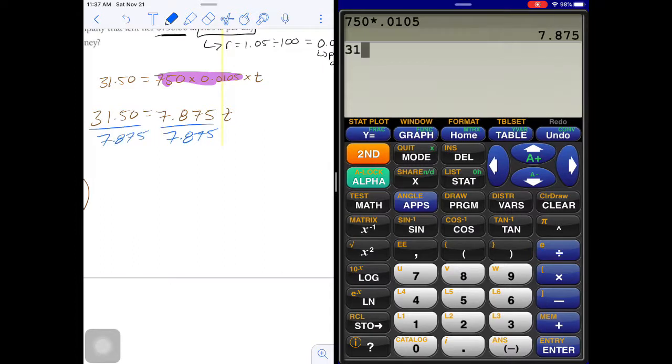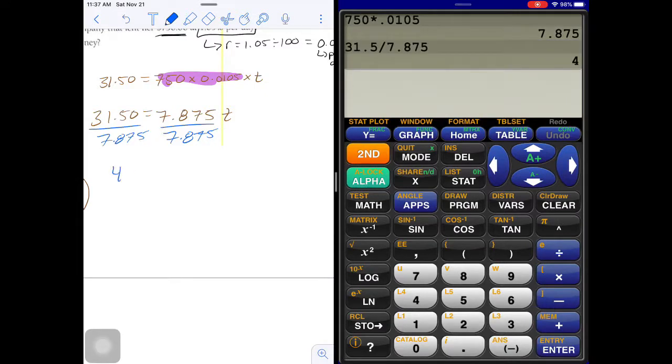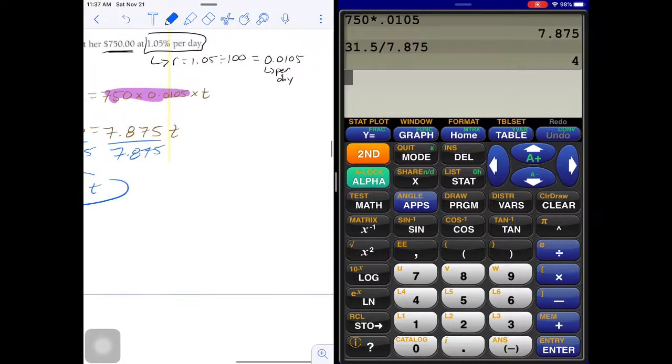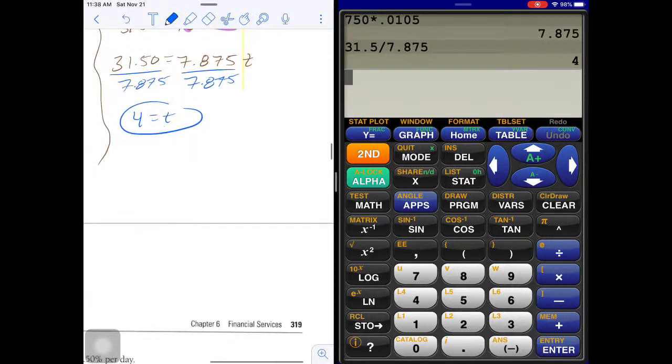So 31.5 divided by 7.875. So that gives me 4 equals T. So remember, since this is per day, T is in days. So this is 4 days.